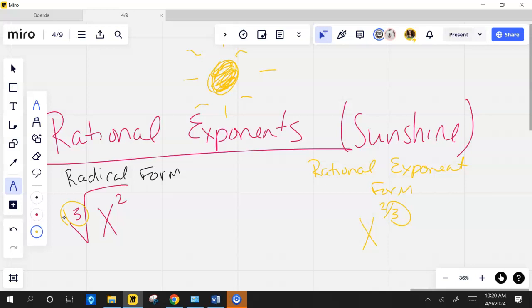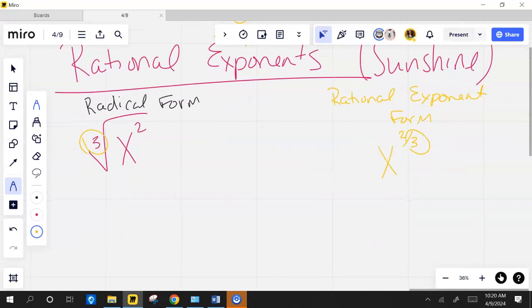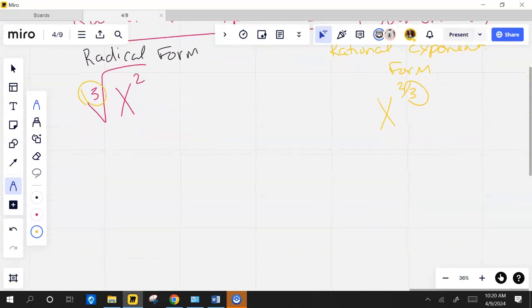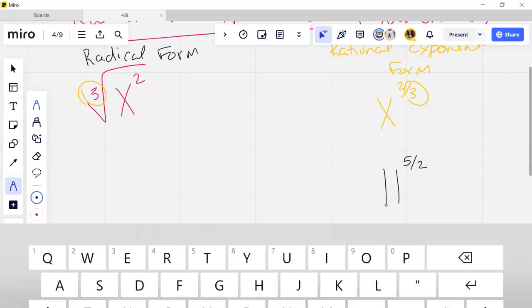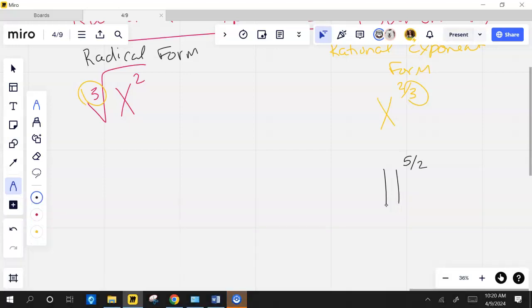Okay. Ready? Let's switch some forms up here. If I started out with 5/2, write that in radical form.